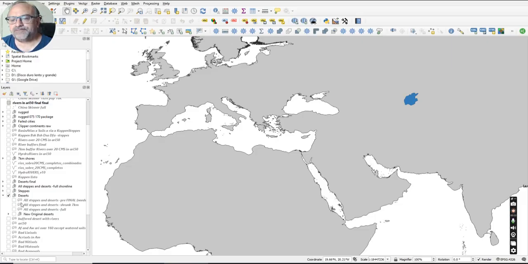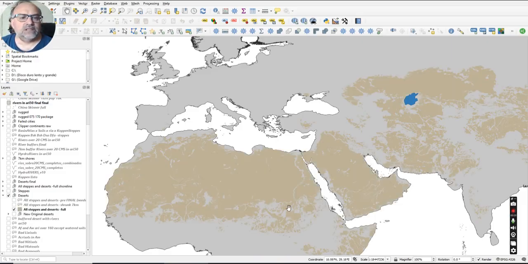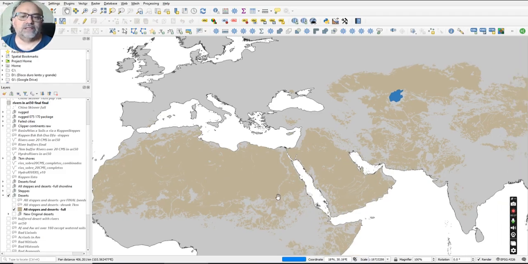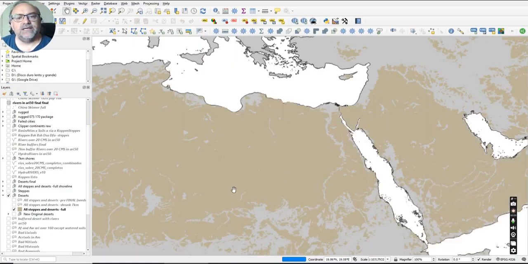So I created, in a long process, taking mostly data from the Hydro Atlas, these deserts from combining variables like precipitation and temperature ranges and groundwater levels and other things, and I came up finally with this.